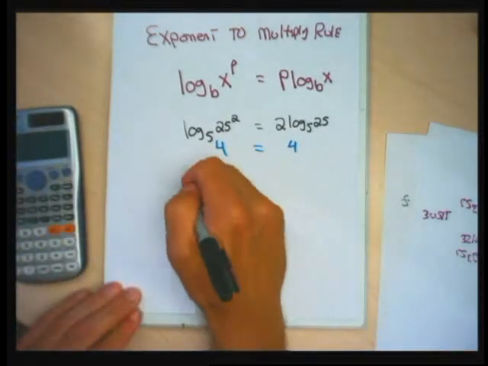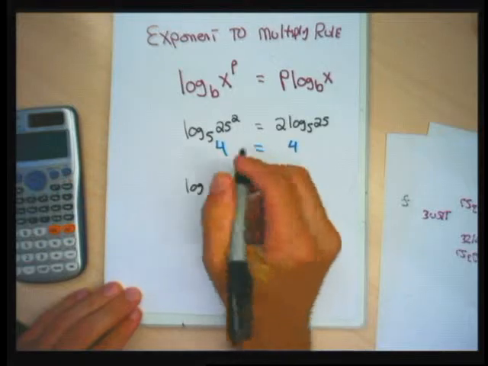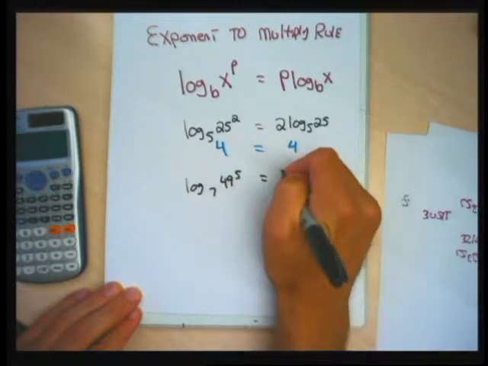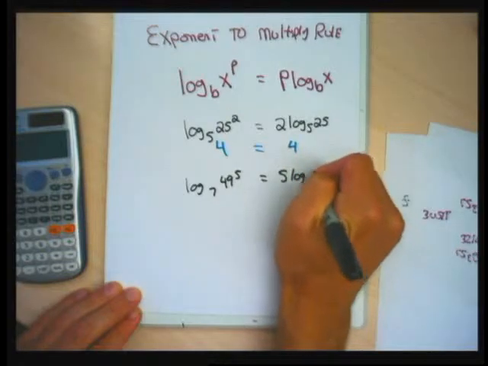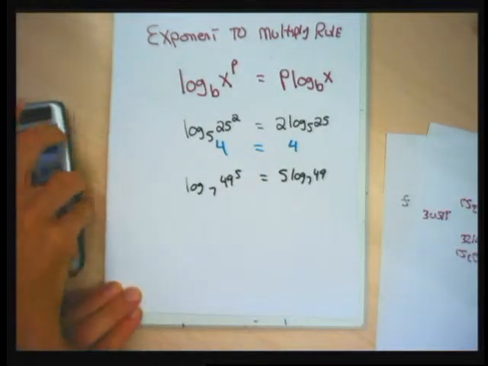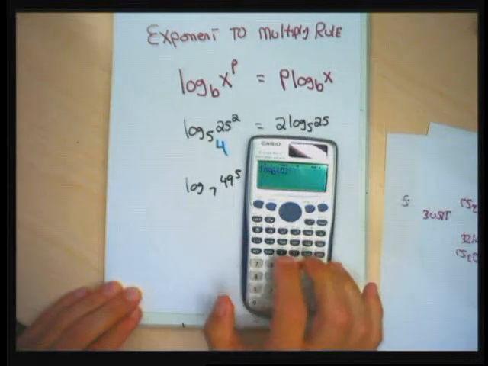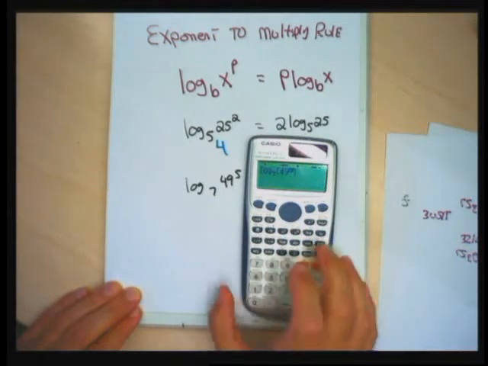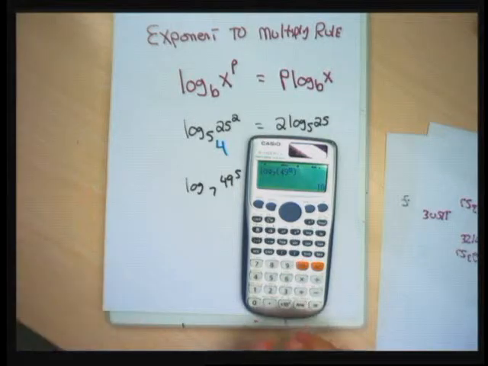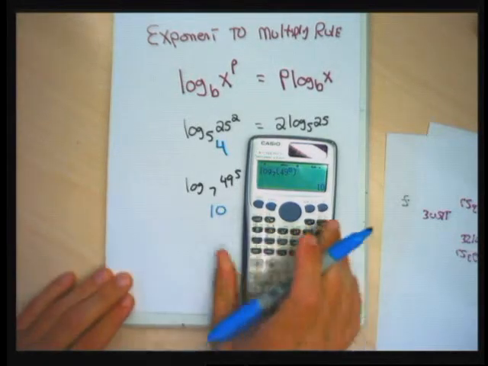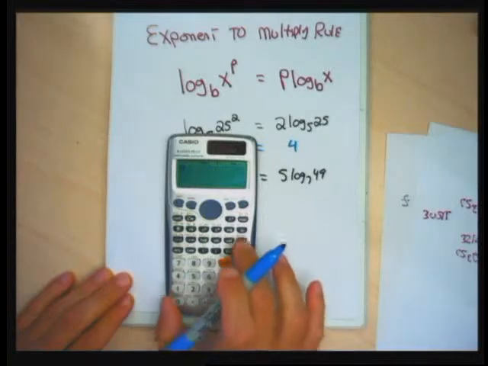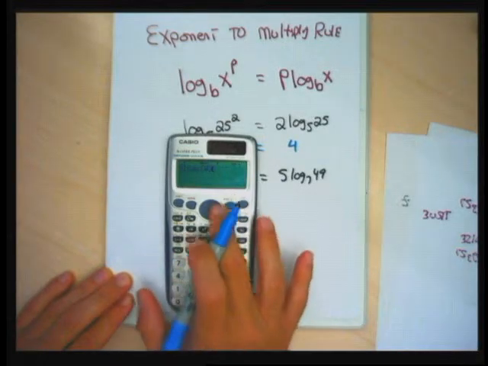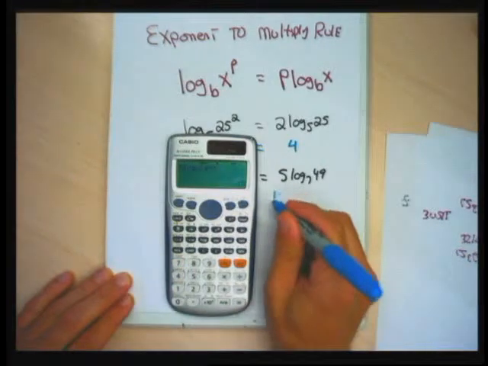If I did something like the log base 7 of 49 to the 5th power, that should equal 5 times the log base 7 of 49. So the log base 7 of 49 to the 5th power is equal to 10. And on the other side, 5 times the log base 7 of 49 also equals 10.